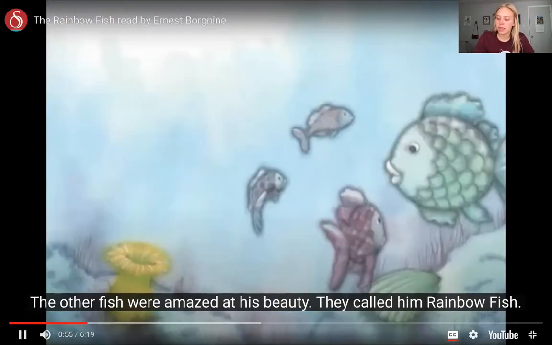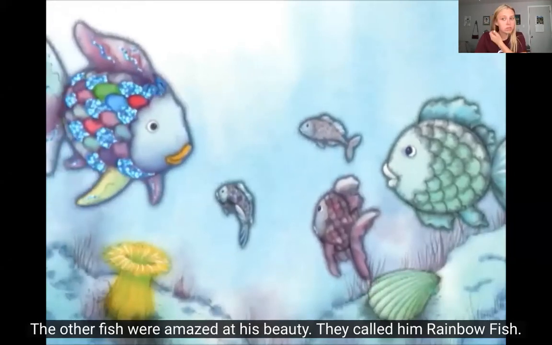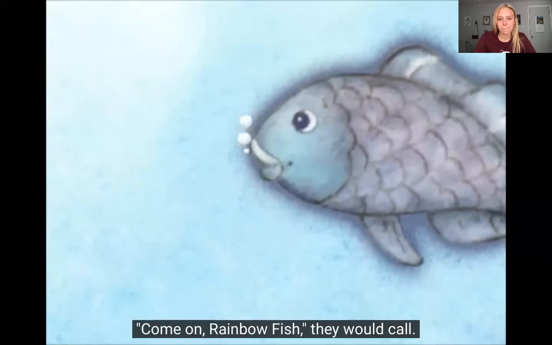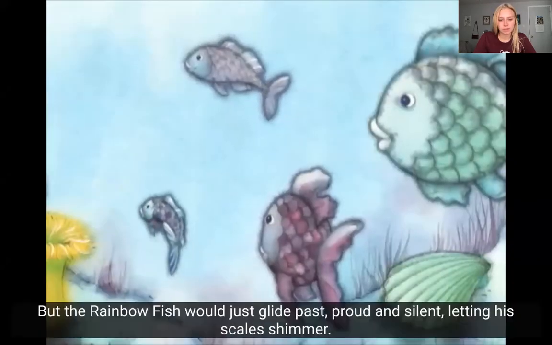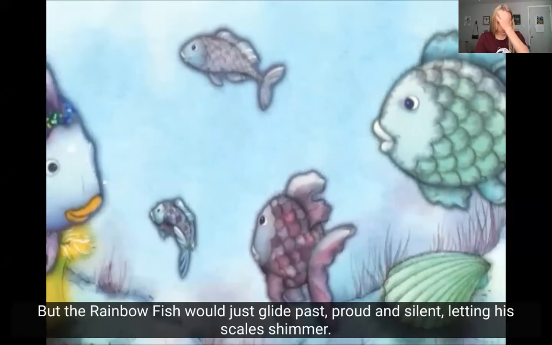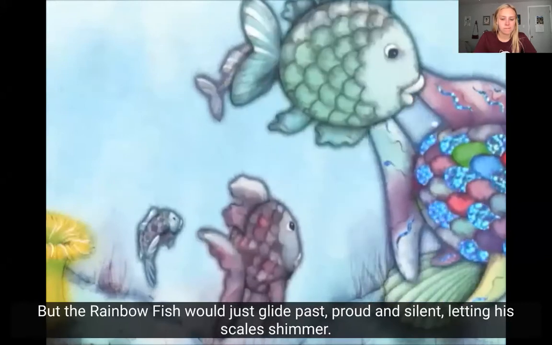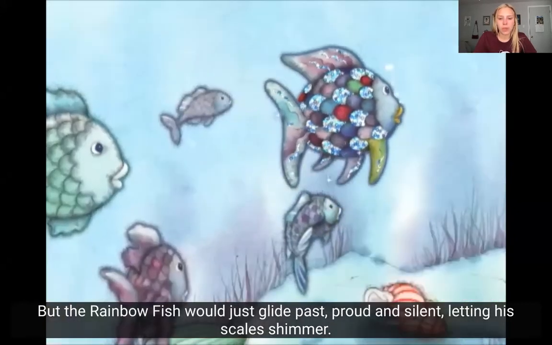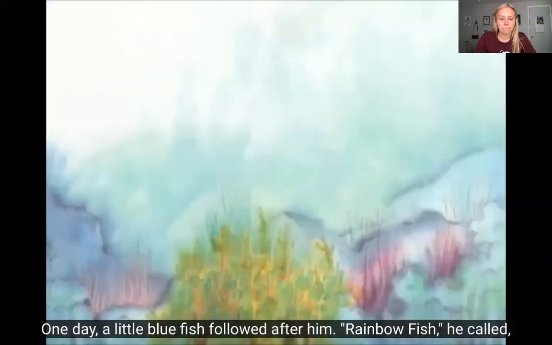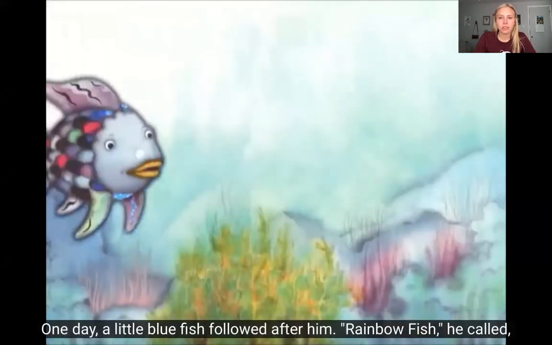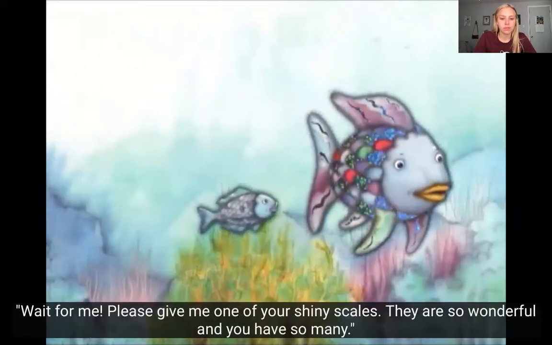The other fish were amazed at his beauty. They called him Rainbow Fish. Come on, Rainbow Fish, they would call. Come on and play with us. But the Rainbow Fish would just glide past, proud and silent, letting his scales shimmer. One day, a little blue fish followed after him. Rainbow Fish, he called, wait for me.